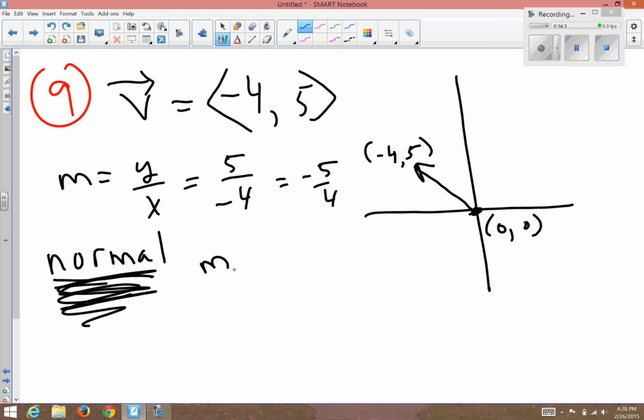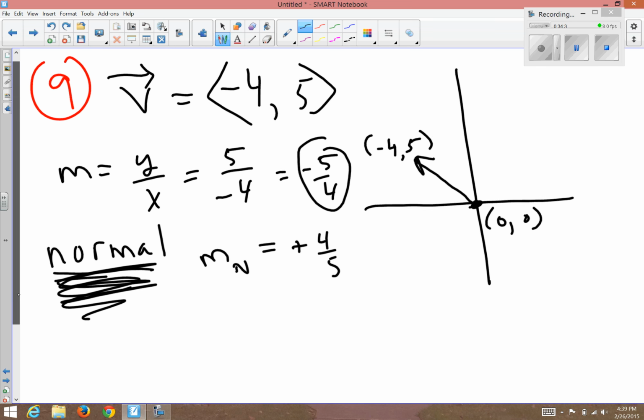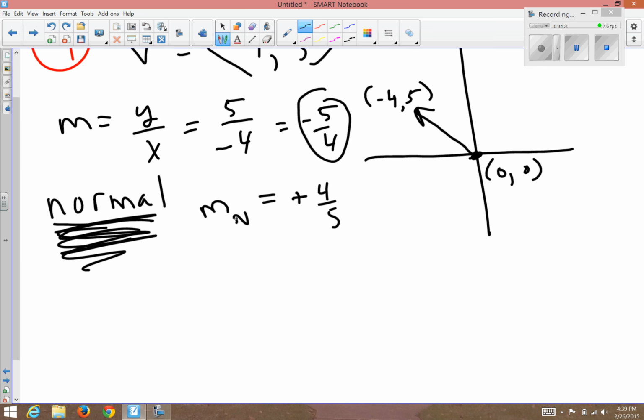The slope of a normal vector is going to be the negative reciprocal. So we want a vector that has this slope. All our vectors start at 0, 0, but the slope is y over x. So there's x, and there's y, 5, 4.